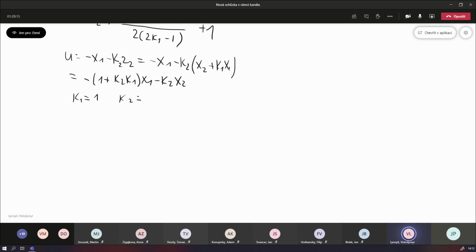Any question? Okay, and we guarantee the global exponential stability of the system because the Lyapunov function is quadratic and its derivative along the trajectory is negative definite quadratic form.